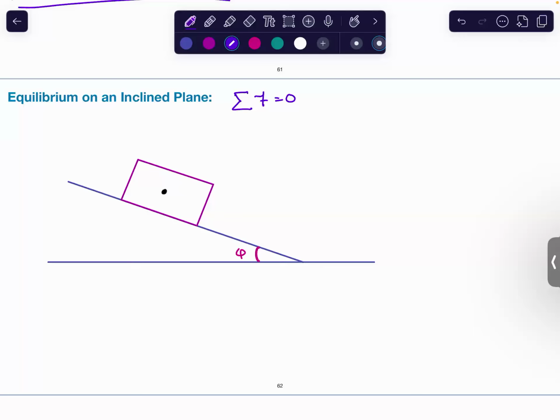Let's look at our gravitational force. Gravitational force, we know the normal force is perpendicular to the surface. And we have an applied force.